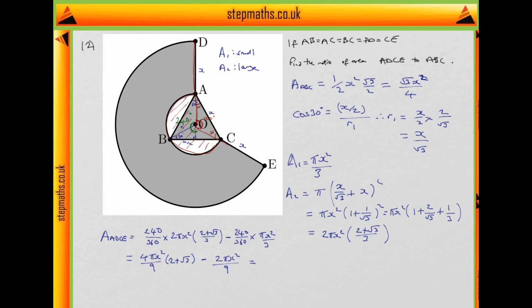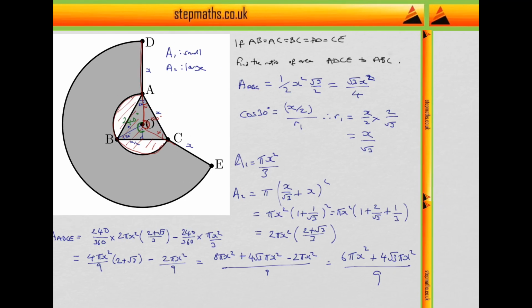Okay, well that's equal to (8 pi x squared plus 4 root 3 pi x squared minus 2 pi x squared) over 9, which comes out as (6 pi x squared plus 4 root 3 pi x squared) over 9.